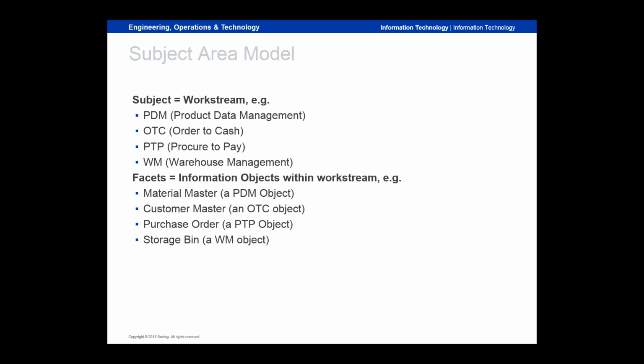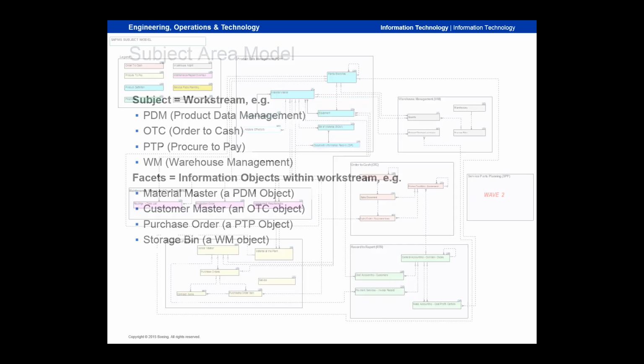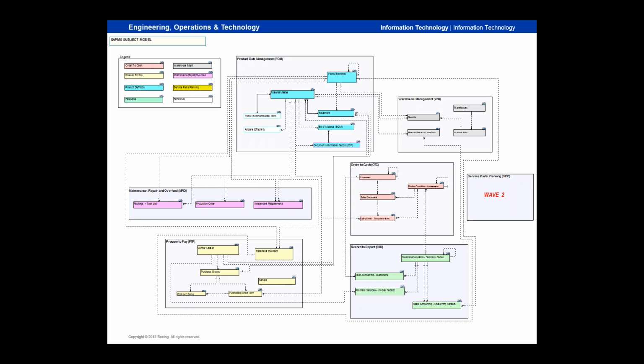So we have then entities, relationships, and attributes within those facets. Forgive me, I know this is too small to read, but I can give you the context. In fact, some of what I'm going to show you is tiny for the purpose of not divulging proprietary information.